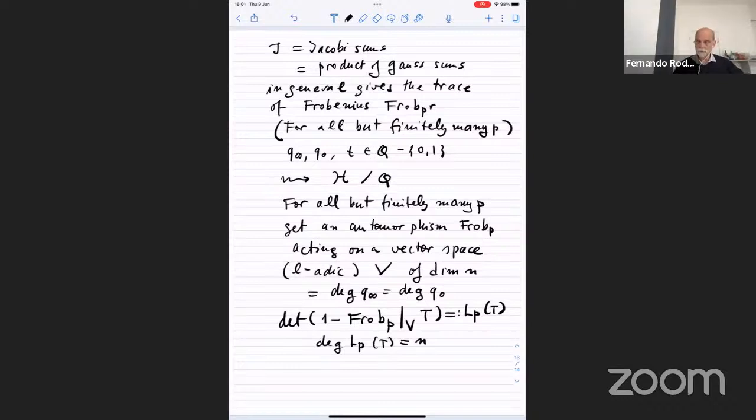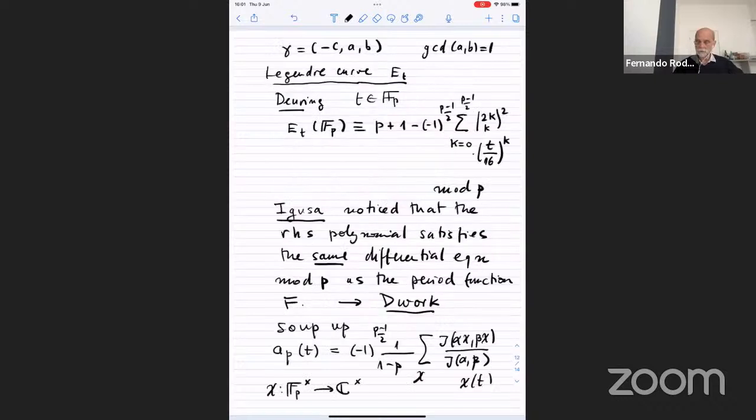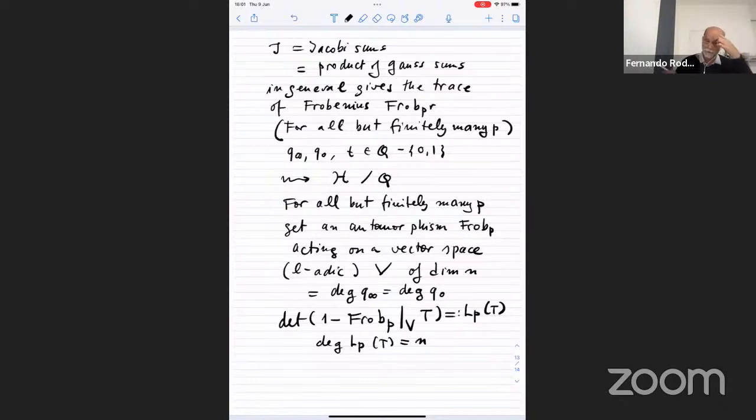There is a similar formula to this one that will compute the traces. So this is the trace of Frobenius, power 1, and higher powers of Frobenius will be a correspondingly similar formula where now you run over characters of F_p to the r if you want the rth trace, the trace of the rth power.